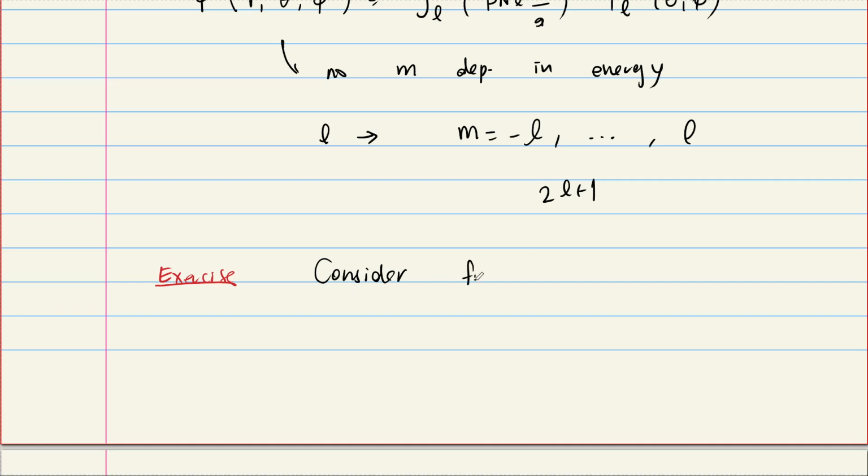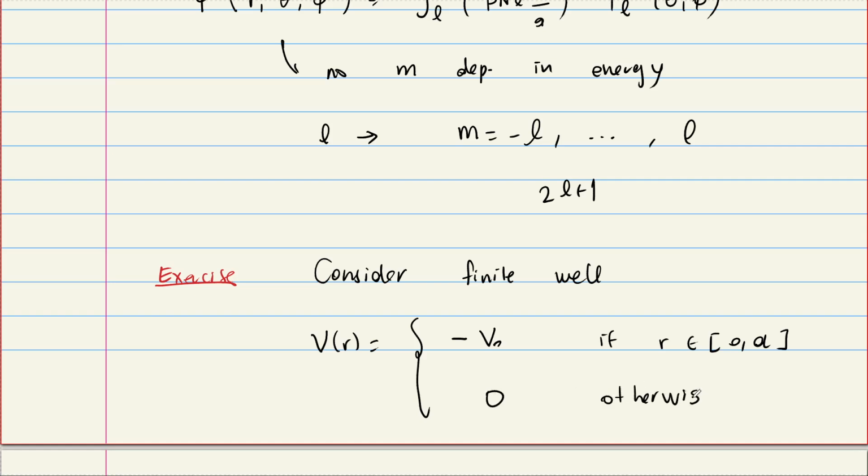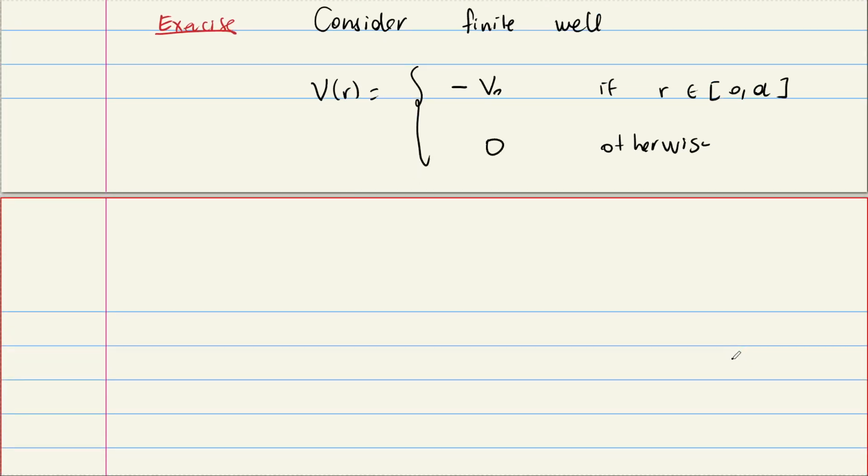Let's consider a finite well. What this means is V of r is minus V0, with V0 some positive constant, if r is inside some a, and 0 otherwise.